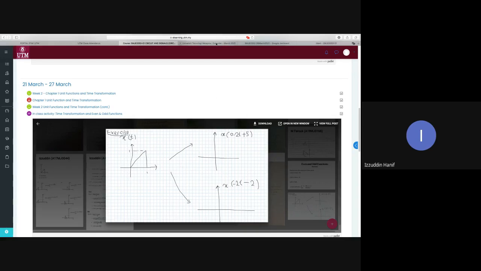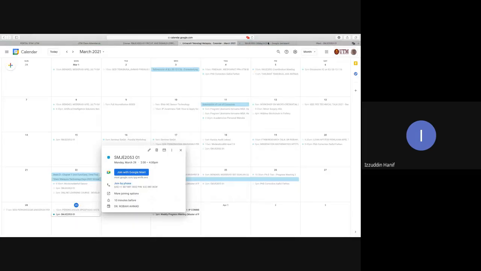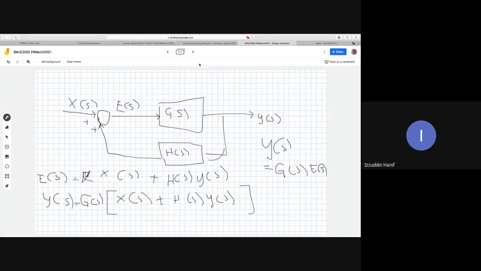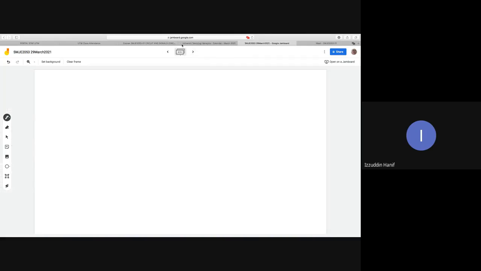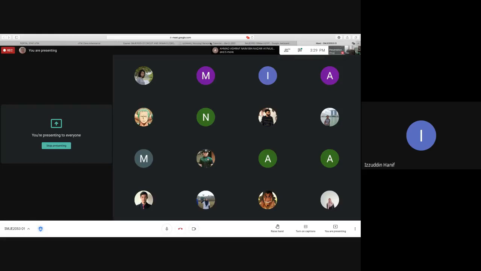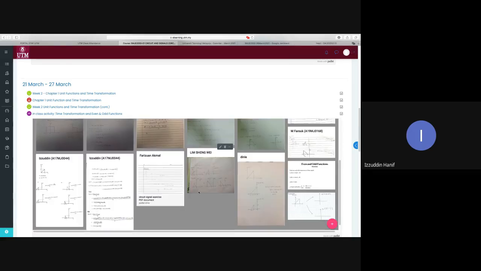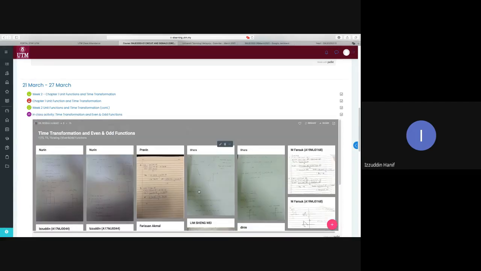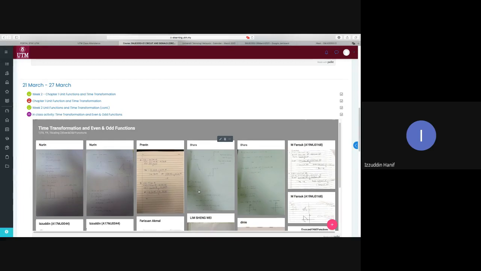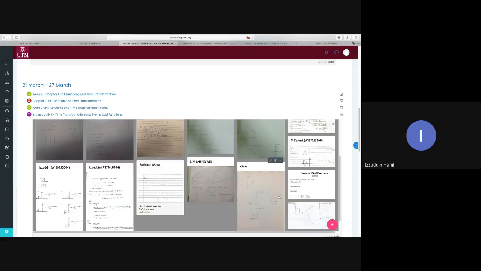Kalau kita tengok dekat sini, sini Jamboard, ada few minutes lagi ni. Nanti kan saya dah bagi jawapan, yang lain tak buat, tak apa. Anyone? Ramai tak buat lagi ni. 1, 2, 3, 4, 8 orang.